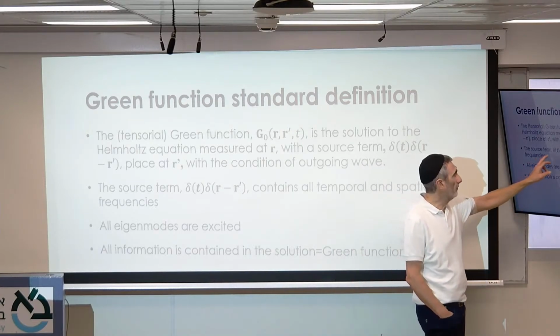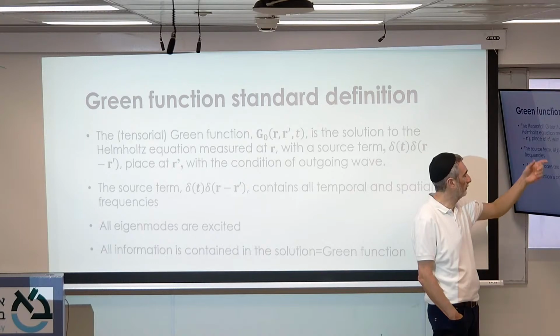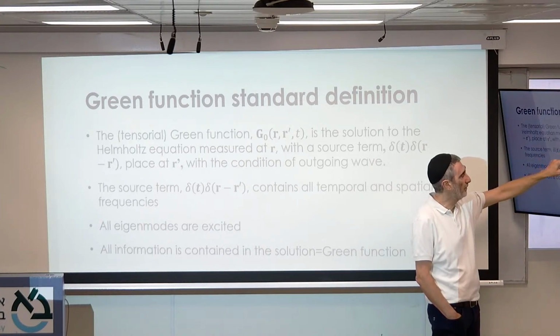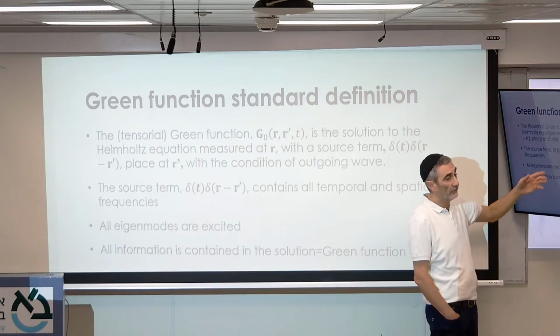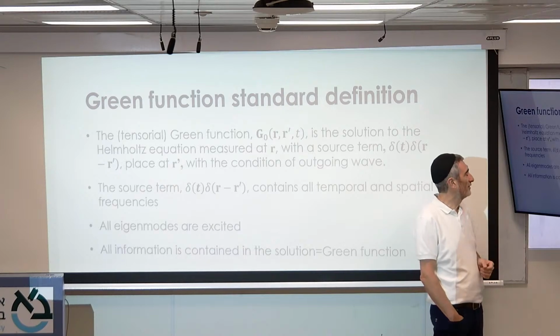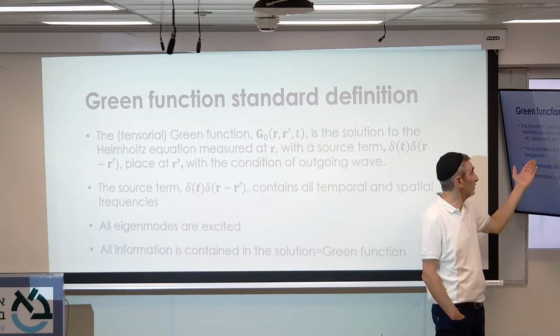The source term, which is described by this delta function, means that at t equals 0, you give the money, and you give it at position R equal R prime, because it's a Dirac. It's a short spike source, so it contains all temporal and spatial frequencies.